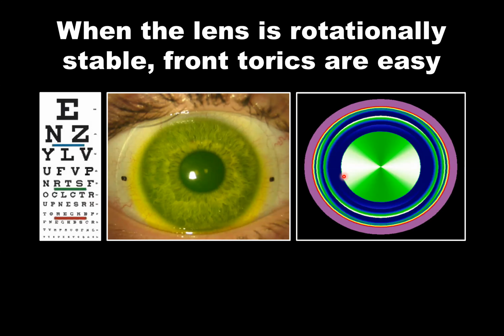We can simply call up Spectrum International and say, I put on the toric landing 16.5 and I had a residual astigmatism or residual prescription of -2, -150 axis, whatever it was. And the Spectrum group can then order that appropriate front toric lens for your patient.